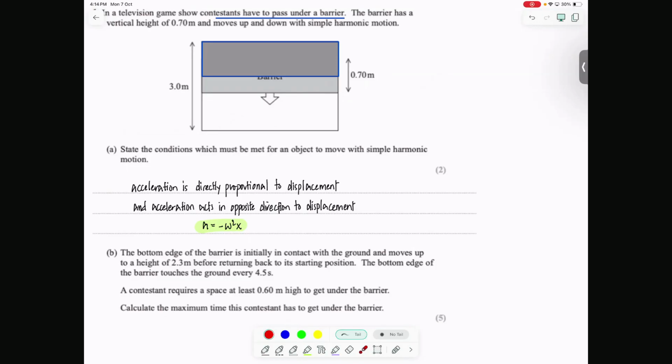What height do you need at minimum? 0.6 meters. So find the time in this oscillation that the object is 0.6 meters higher from the ground. And since this is simple harmonic motion, you know the equations of motion.